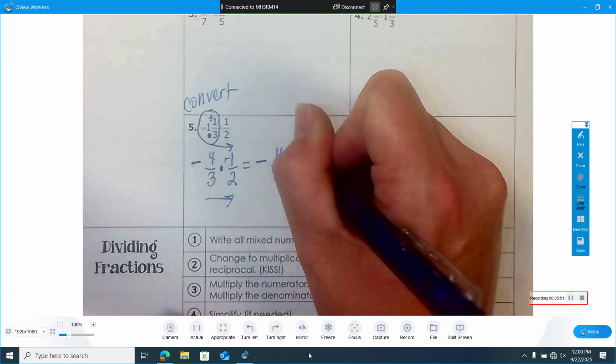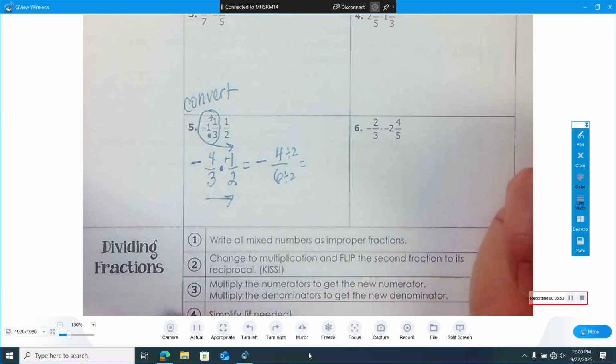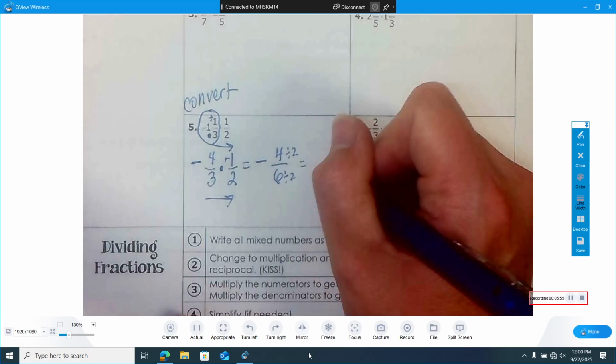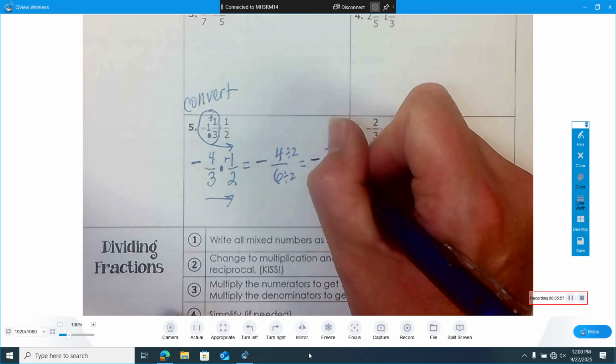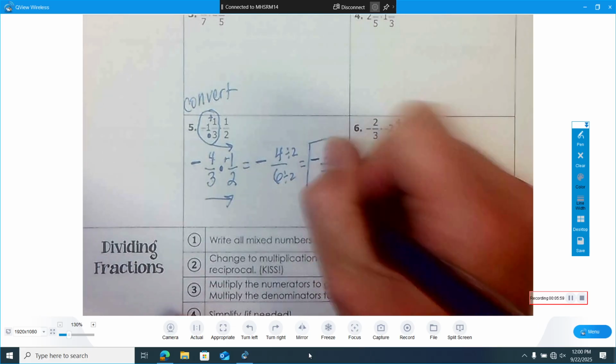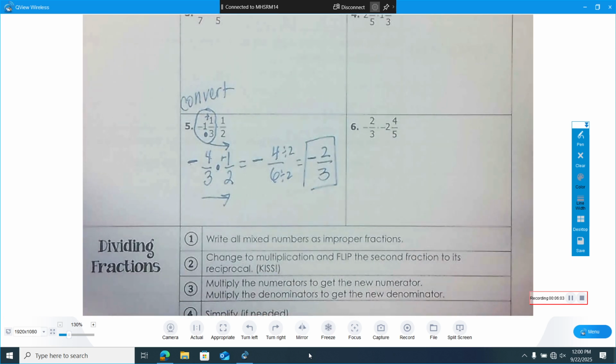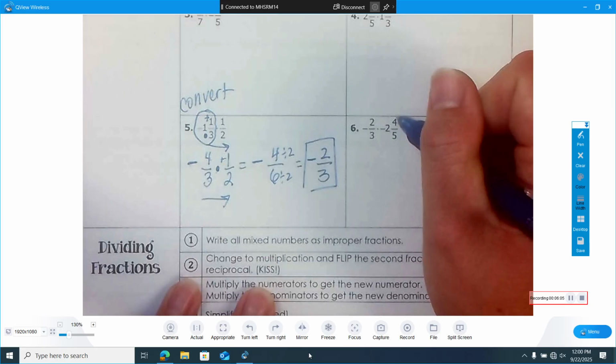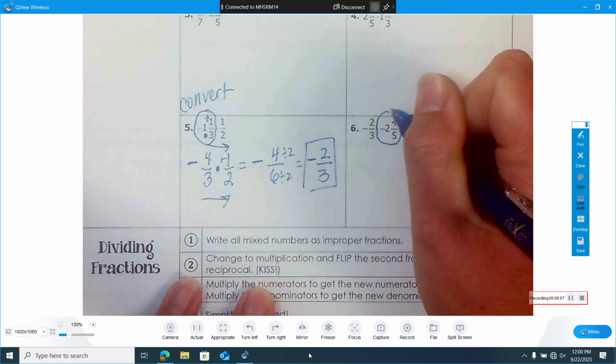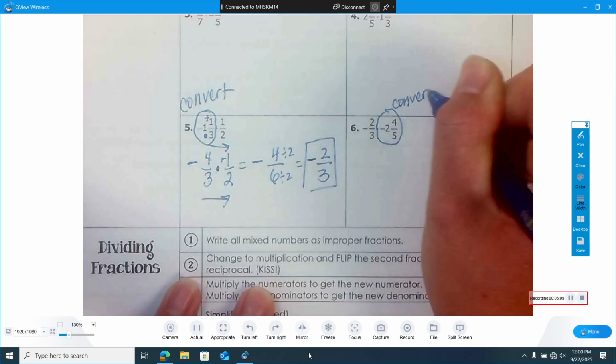And again, both of these divide by 2. Negative 2/3 is the answer. Fully reduced.